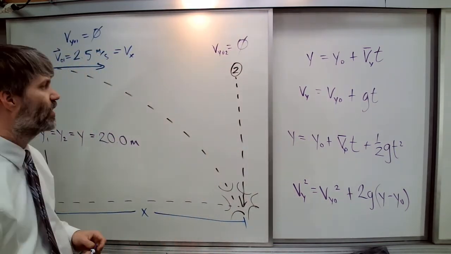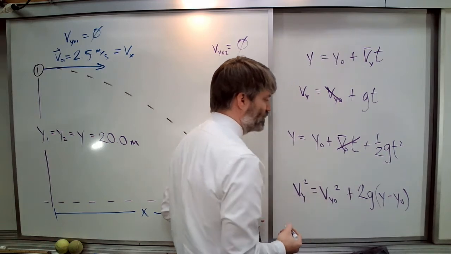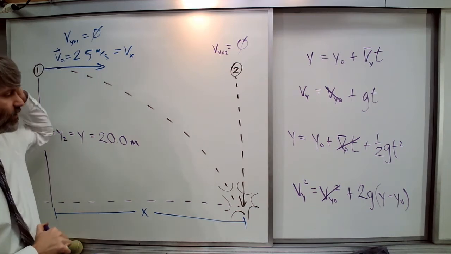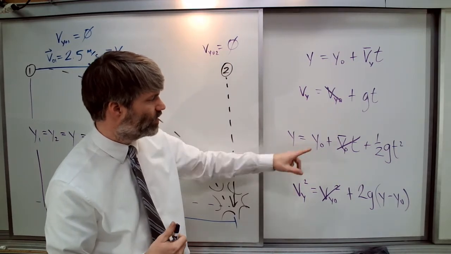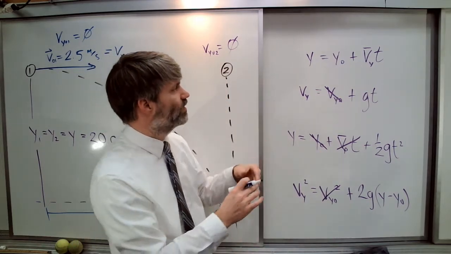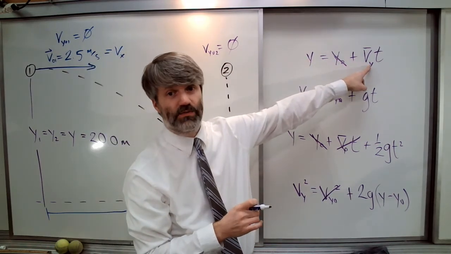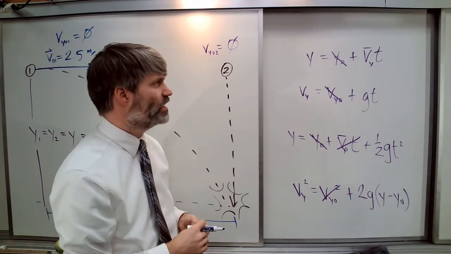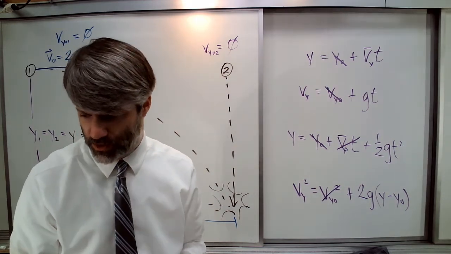Let's see what we have to work with. We know the initial velocity is 0, so that will take care of some things, 0 for both of them. We know a y value, so we'll make the initial y value 0. We can see pretty easily this one includes the average velocity, which means we need to know the initial and the final velocity in order to find that average velocity. That one probably is not going to help too much.